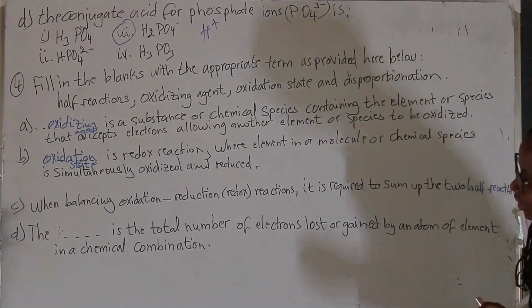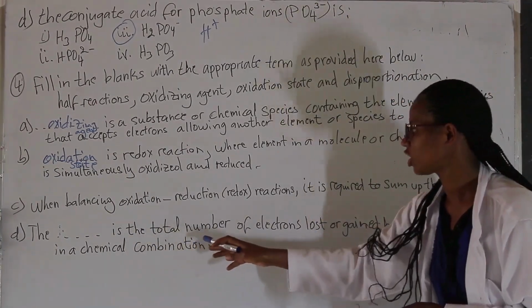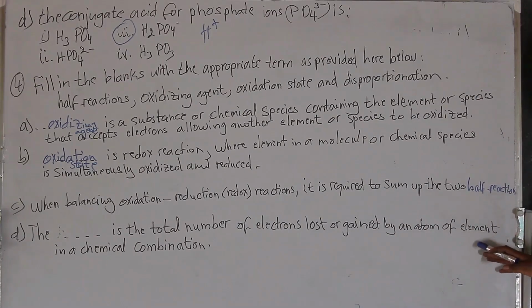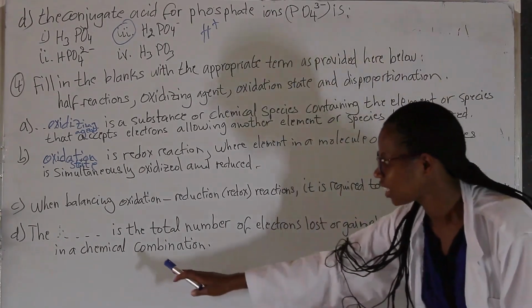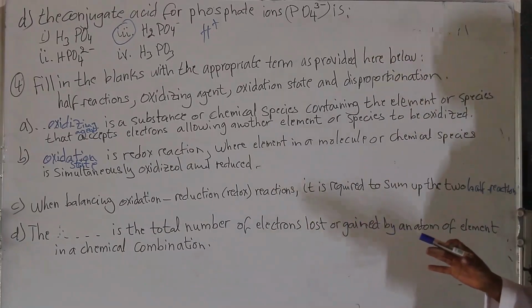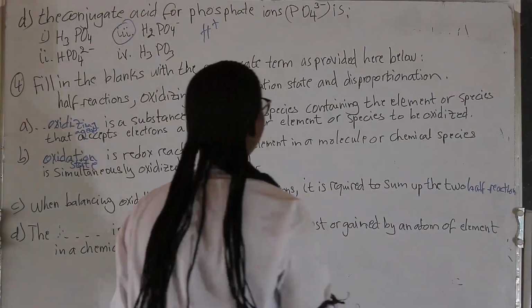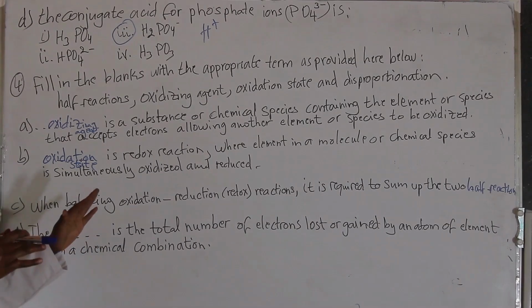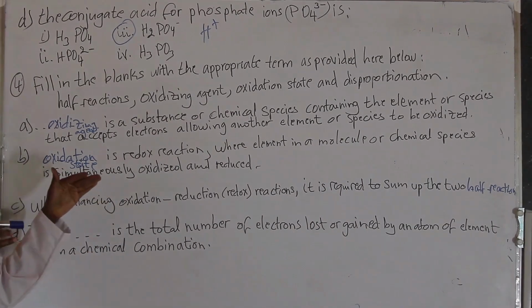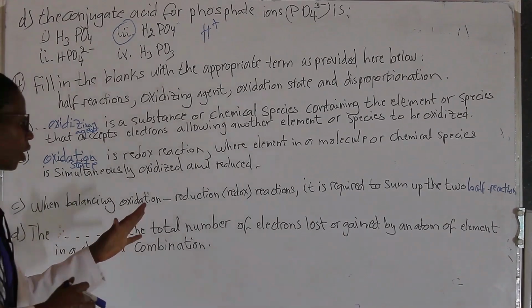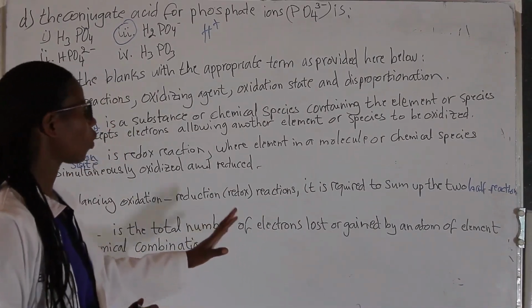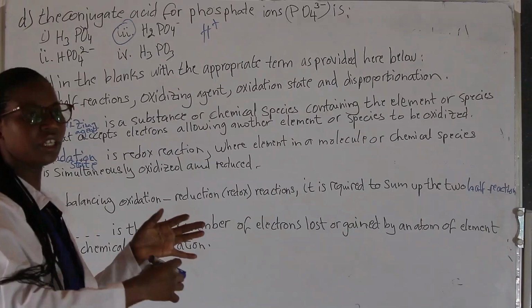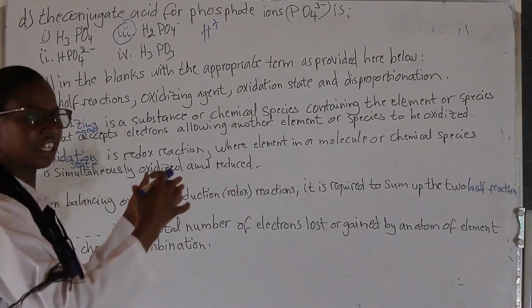For number D, the dash is the total number of electrons lost or gained by an atom of an element in a chemical combination. Here we can fill in disproportionation. Remember, when we are balancing a redox reaction, there is a species which loses electrons and one which gains electrons.